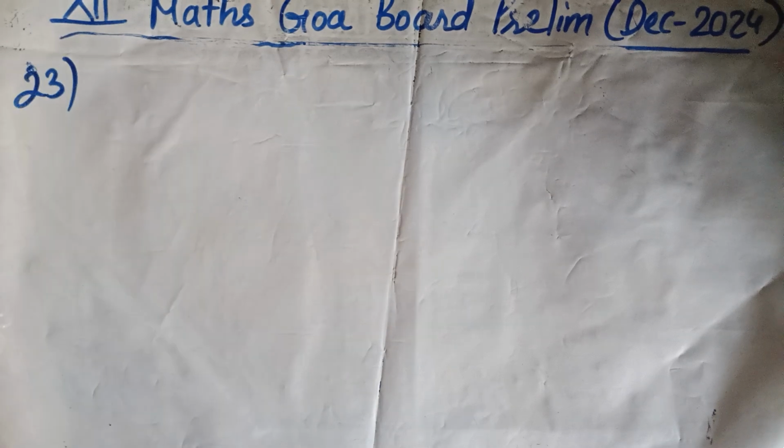Okay. Next question: three urns are given, each containing red and white balls. Urn 1 contains 6 red and 4 white balls.